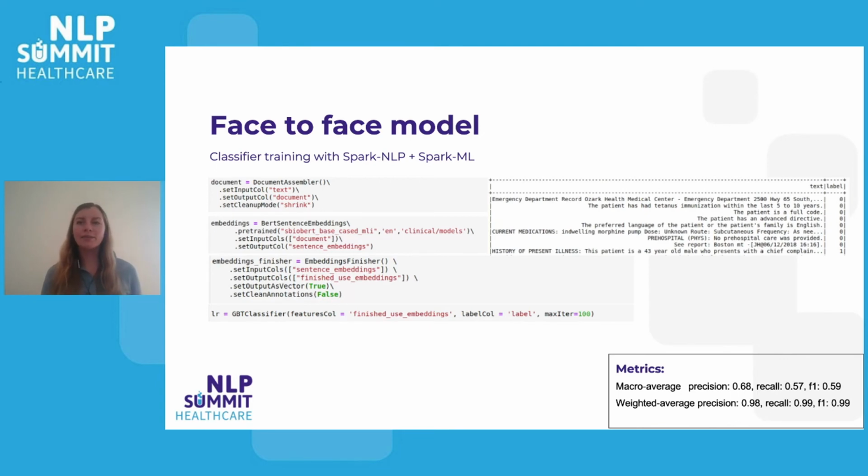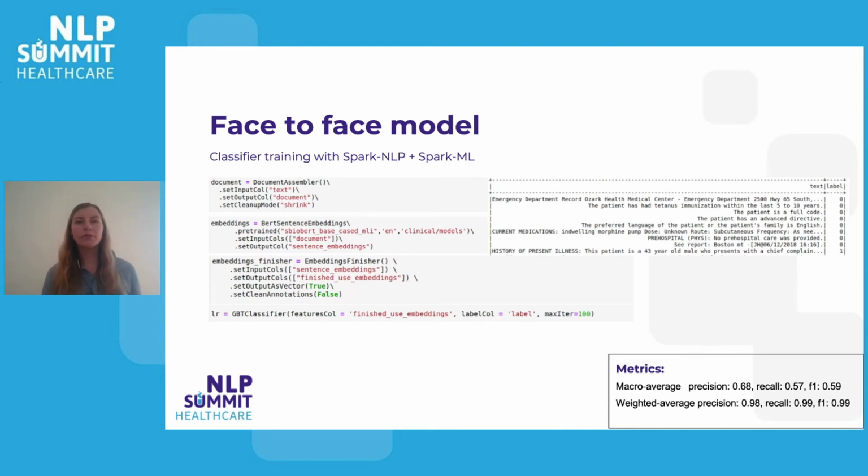To do that, we first split the full dataset into sentences, and for each sentence we identify if it contains the presence of a patient or not. And then for the full documents, we grouped all the sentences, and if the document has any sentences we labeled as physical presence, we label the full document as a face-to-face document.